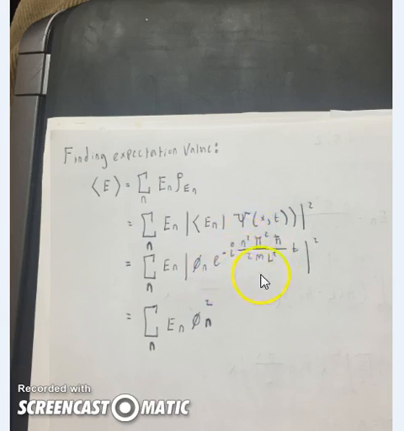And then you can see that since we already have our time evolved state written in the energy eigenbasis, the probability of measuring that state in one of the energy eigenstates will just be the coefficient that we found from integrating earlier, psi n squared. So then our expectation value will be the sum of the nth energy multiplied by psi n squared, summed over n.